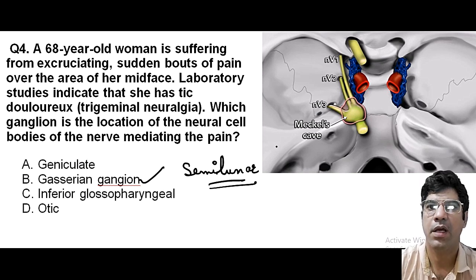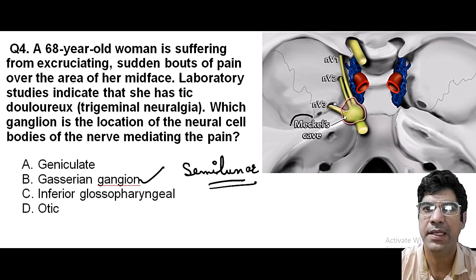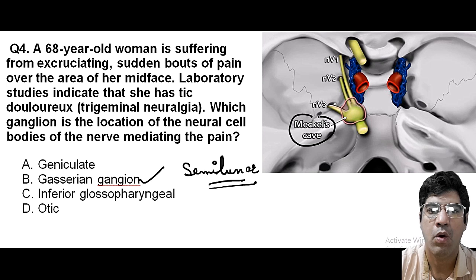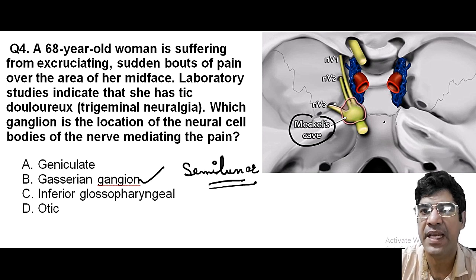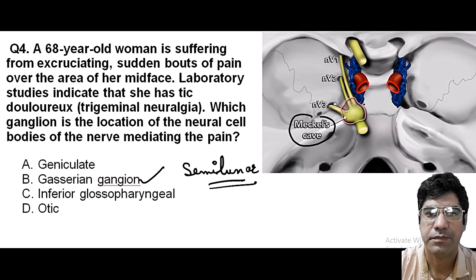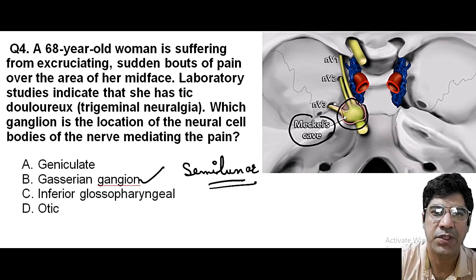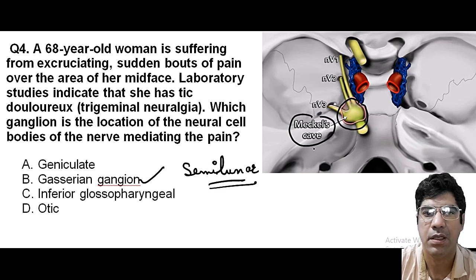So first of all, you should know what Meckel's cave is. Meckel's cave is a small hollow cavity inside your skull, specifically in the middle cranial fossa. So this cave serves as a protective enclosure within the skull, and it is situated near the base of the skull.